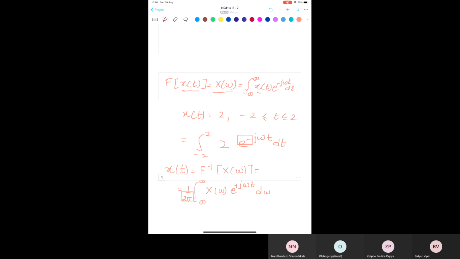Now if you need to find the Laplace transform, the main thing which I forgot to explain to you here is that you need to study Laplace transform for this course.